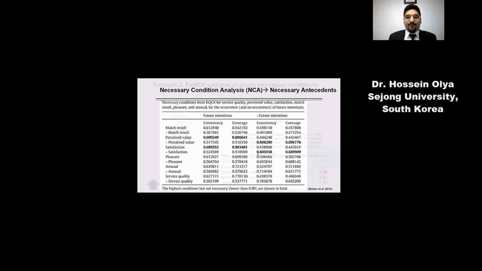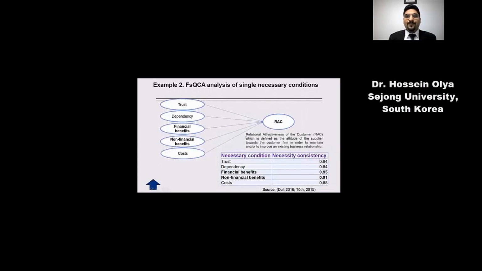But I took another example, which is very tangible and very informative for the necessary condition analysis, from the work of Dul that was published in 2016. They modeled relational attractiveness of the customer as the final outcome, which actually represents the attitude of the suppliers toward their customer firms, that they want to regulate their attitude and their behavior with their customers and their business partners.